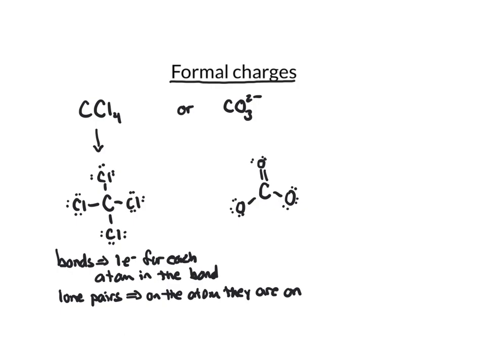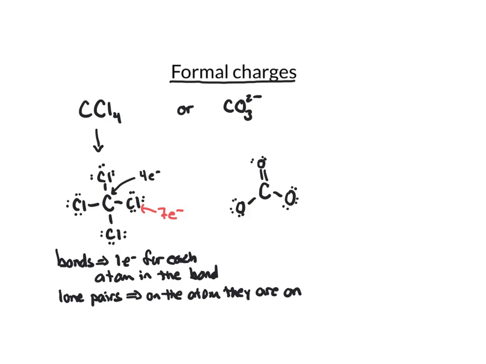So for the carbon in this structure, I would say that it has 4 electrons. Now, if I count the electrons in the chlorines, each chlorine has 1 bond, so that's 1 electron, and it has 3 lone pairs, or 2, 4, 6, 7 electrons. So each chlorine has 7 electrons in this structure.